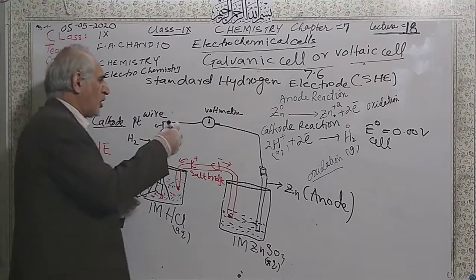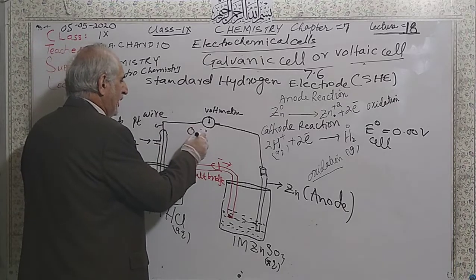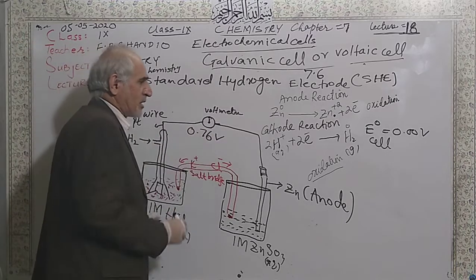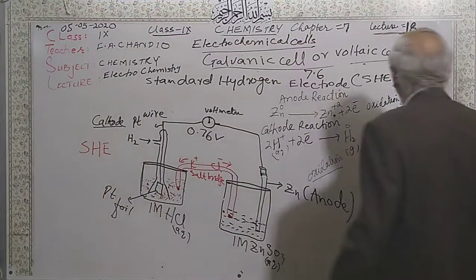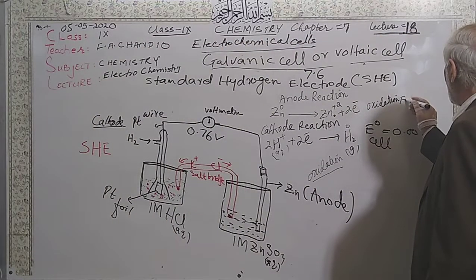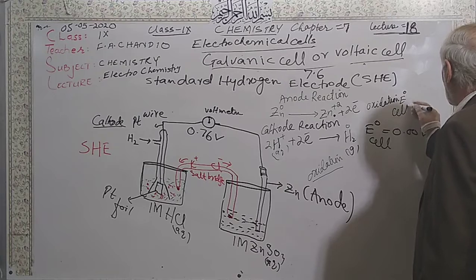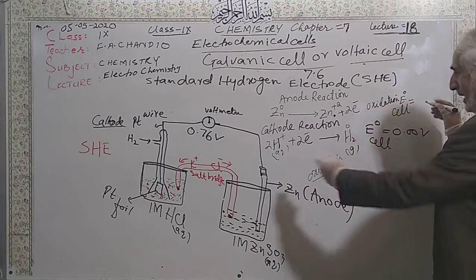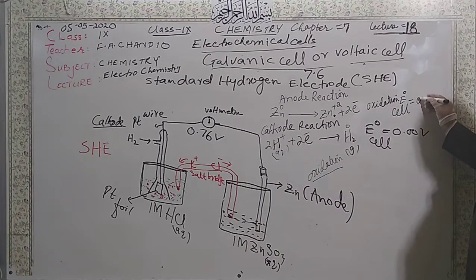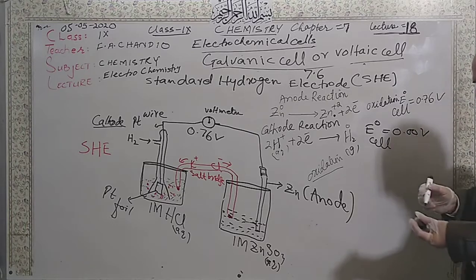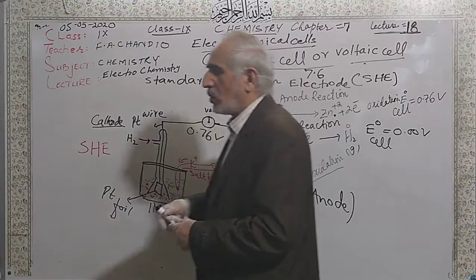And yesterday I told you this will give 0.76 volts. So the E naught cell for this standard hydrogen electrode with zinc will be 0.76 volts because the hydrogen electrode is 0.